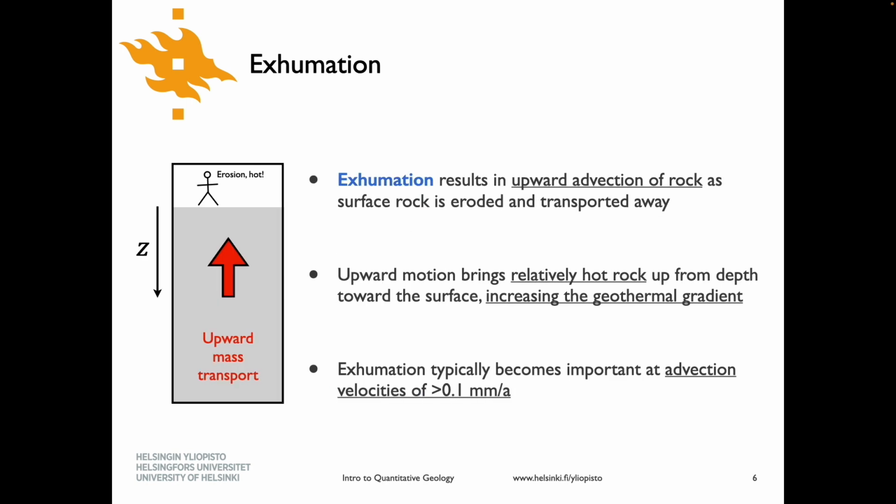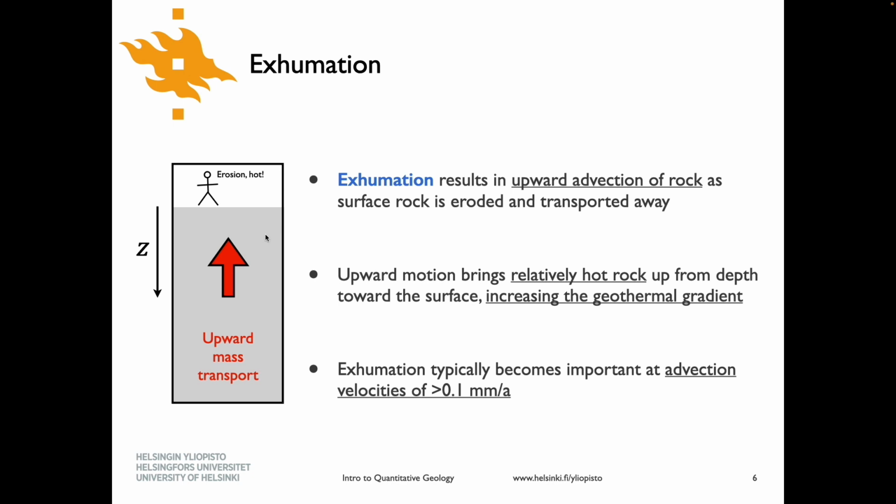And the tendency with exhumation is that it results in upward advection of rock. So if you have some geological process, could be a river flowing across the Earth's surface or a glacier that's basically scraping the surface clean, removing rock and overburden from the surface and exposing rock beneath it, the effective process that you see is upward transport of mass toward the Earth's surface.